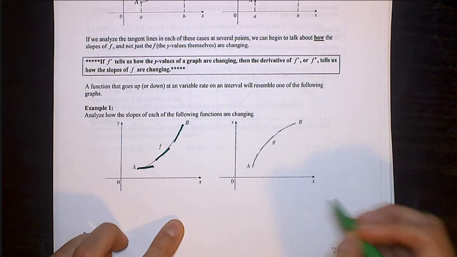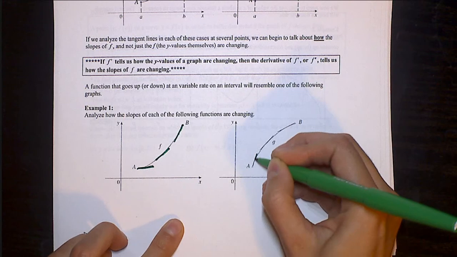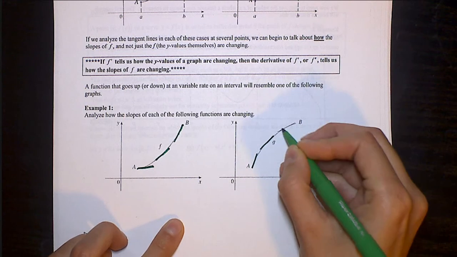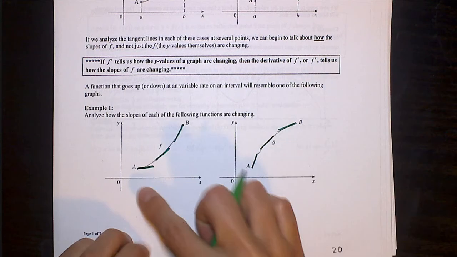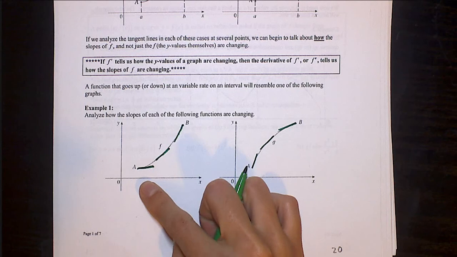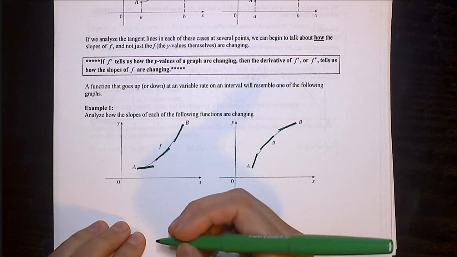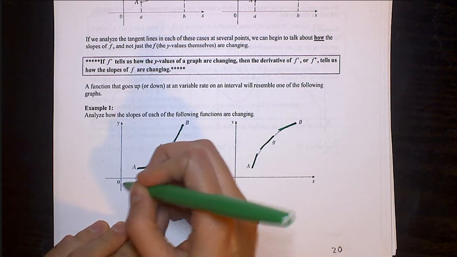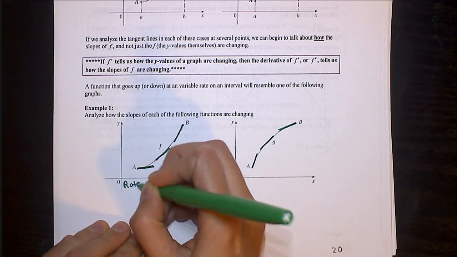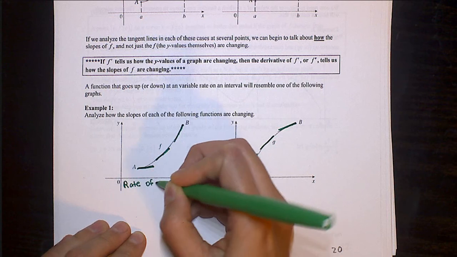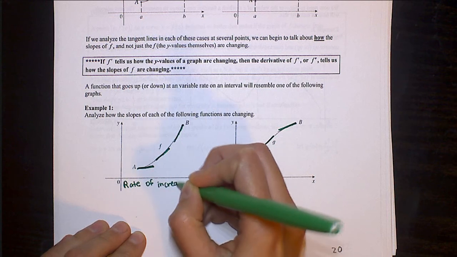So we have those tangent lines, and here are the tangent lines for this one. For this graph on the left, you can see that the lines are getting steeper and steeper. So basically, we can summarize this as the rate of increase is increasing.